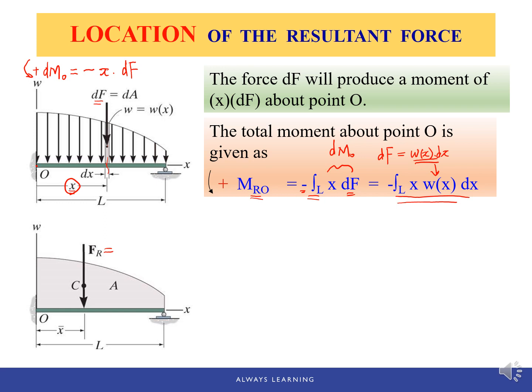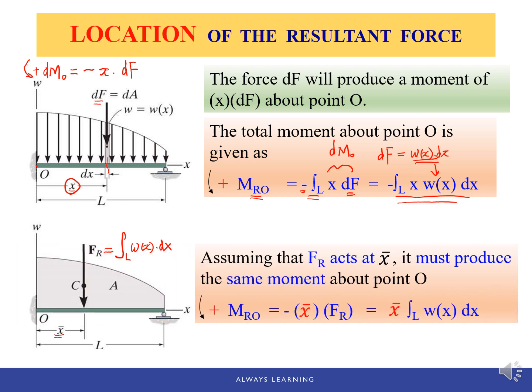The magnitude of the resultant force equals the integral over L of the loading intensity times dx, right? So we assume this force should be located at a location x bar, so it will create the same moment about point O as the distributed load.